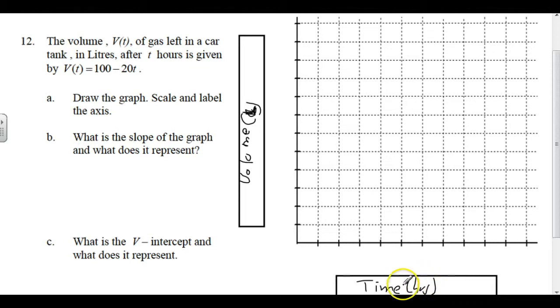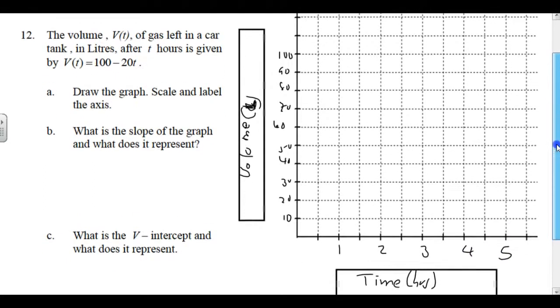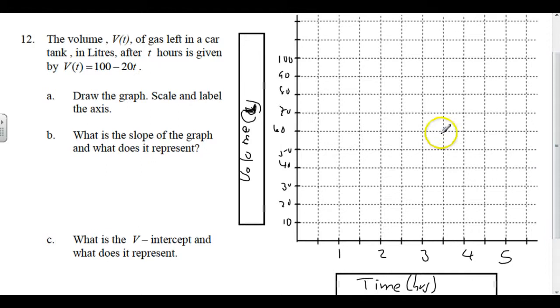Draw the graph, scale, and label the axes. So we need to get 100 liters: 10, 20, 30, 40, 50, 60. That looks good, so I think we can go with tens. And then we'll go by halves: 2, 2.5, 3, 3.5, 4, 4.5, 5, because I know by examination this is going to take 5 hours.